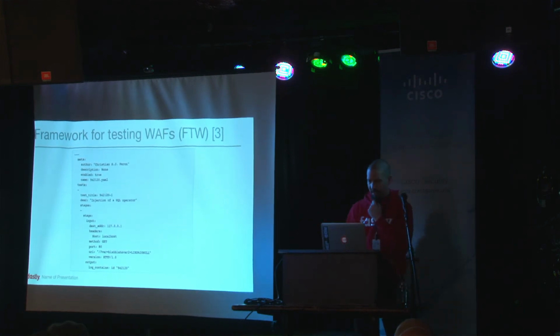The metadata is just that, and then we have different stages, so that we can send multiple requests to move an application into a certain state before we send an attack through. The URI is a really basic test for a SQL injection, and there's other stuff you can do here.